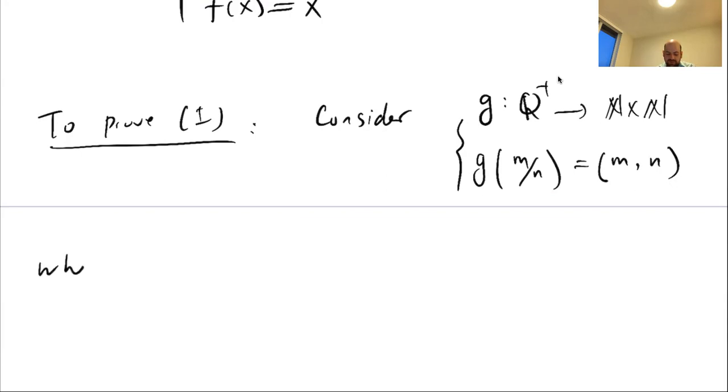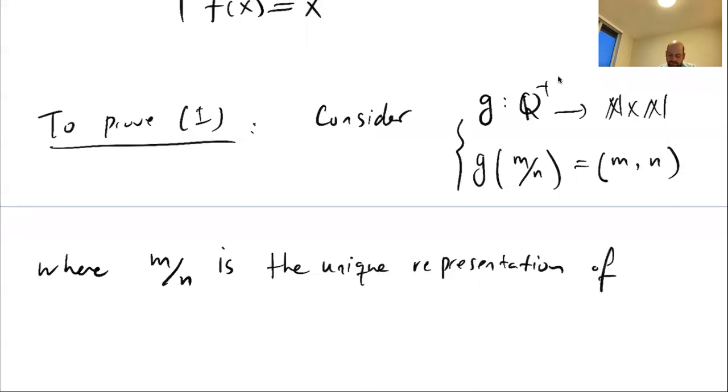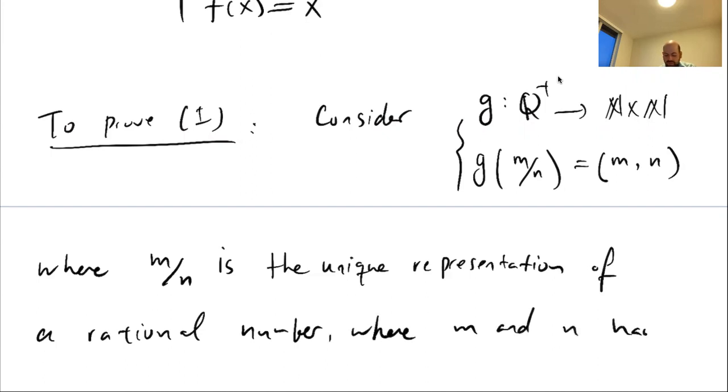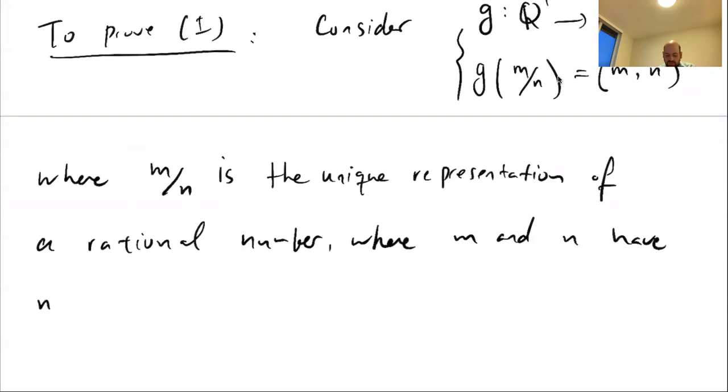So let me say, where m over n is the unique representation of a rational number where m and n have no common factor. It's important to mention this sentence.